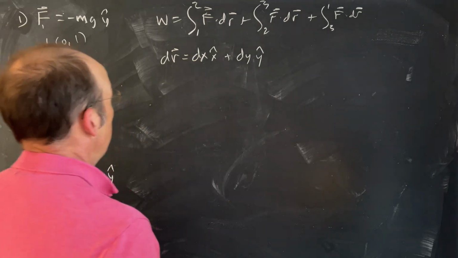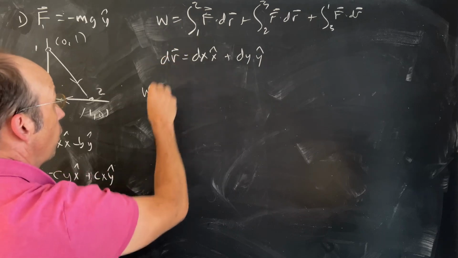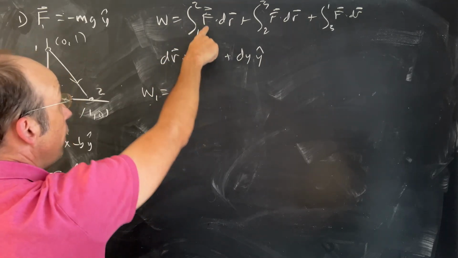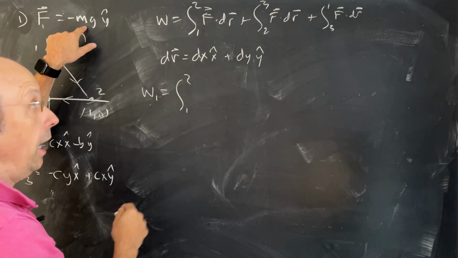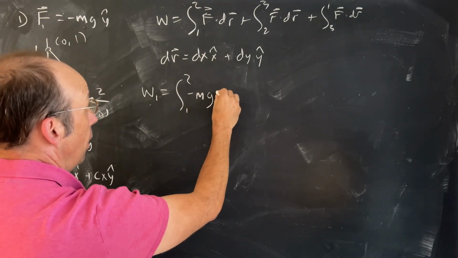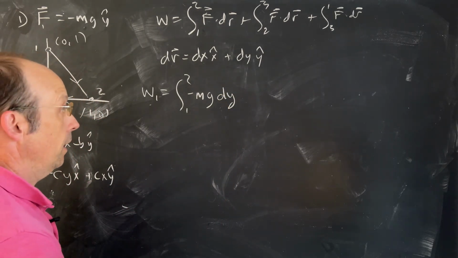Let's just write this out. We'll call this work 1, the integral from point 1 to 2 of F, which is negative mg y hat, dot dr. So I get negative mg dy, that's the dot product between those two.